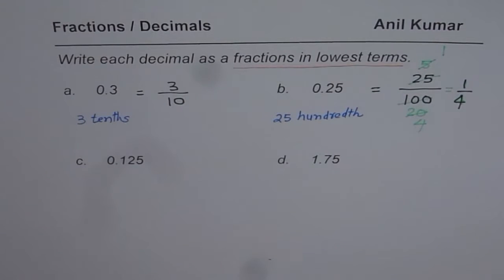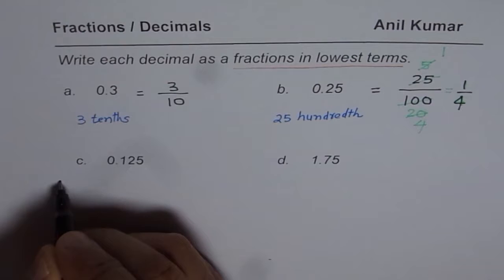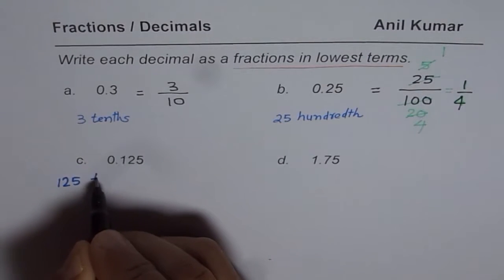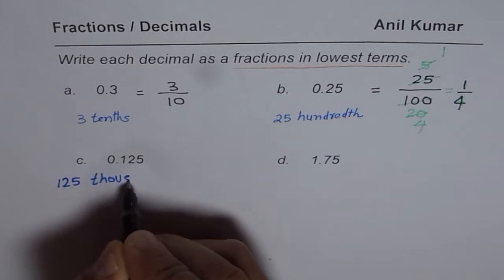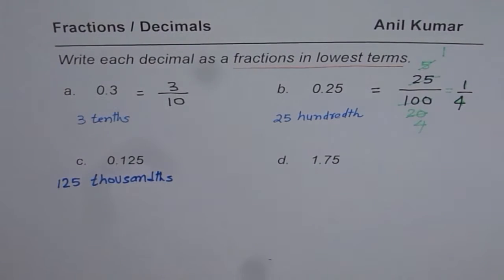Now let's continue. How to read 0.125? I'll do this one first. It could be read as 125 thousandths, right? Is that okay? That is how you read it.